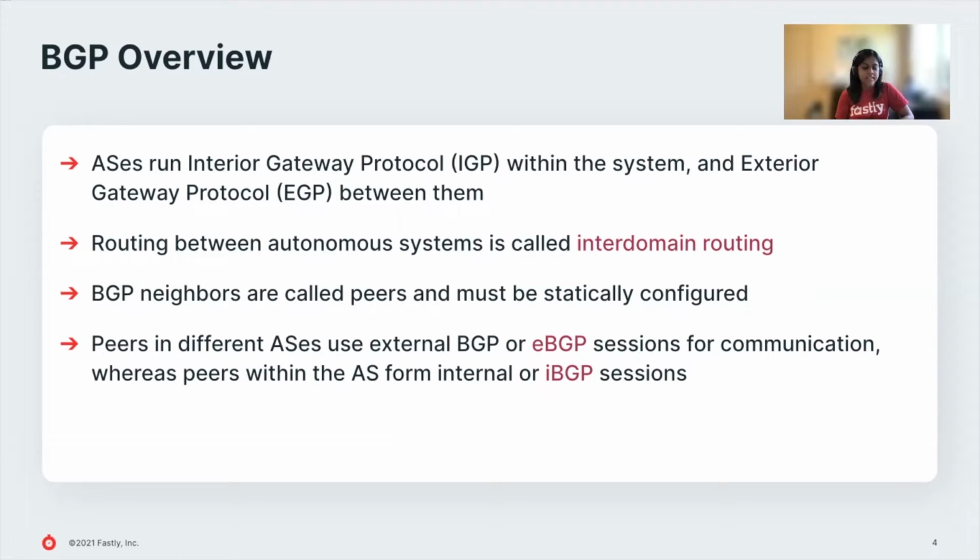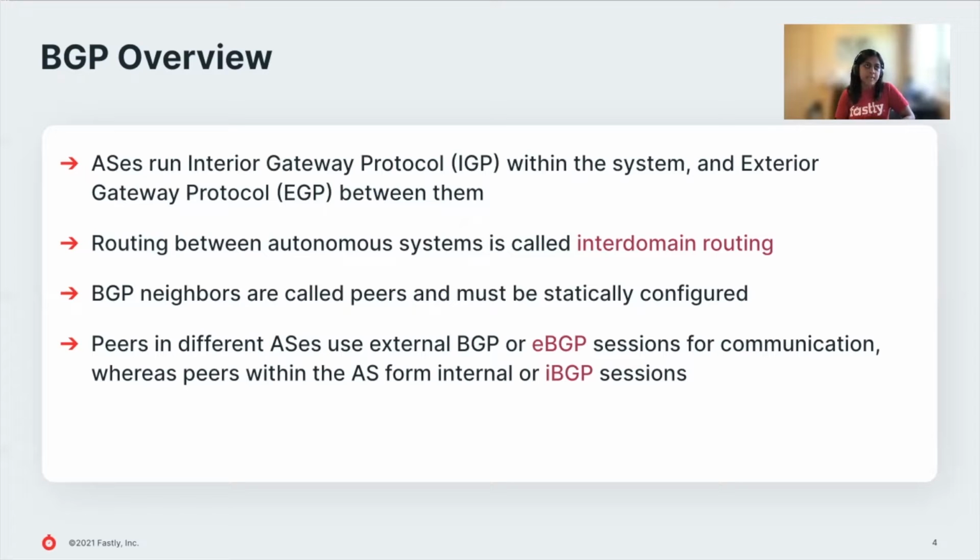Peers in the same autonomous system are called IBGP peers, internal BGP peers, and peers in different ASs are called eBGP peers. There are finer nuances of how BGP's behavior varies between IBGP and eBGP peers. Therefore, we typically have to configure these statically.